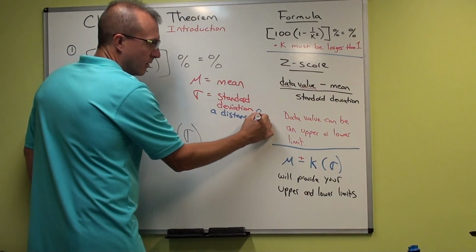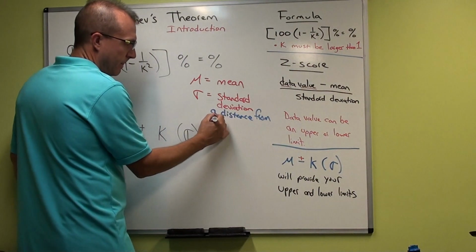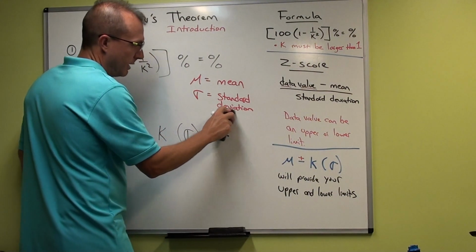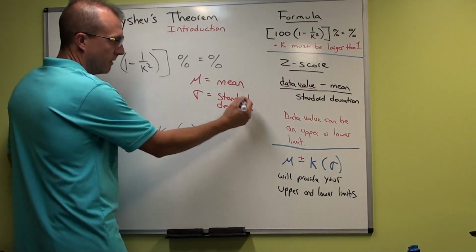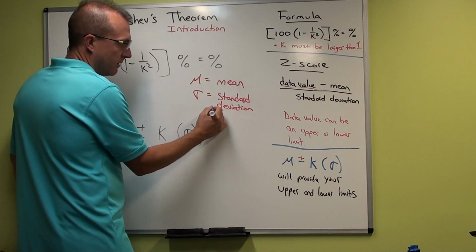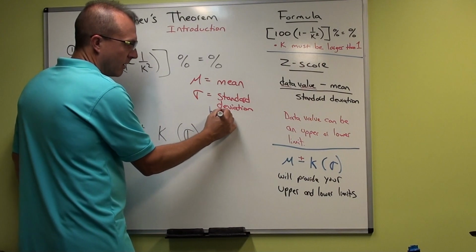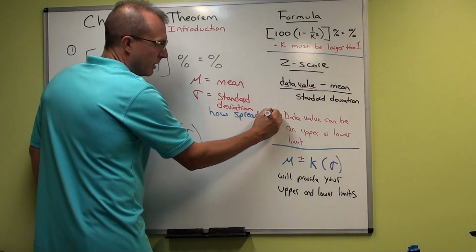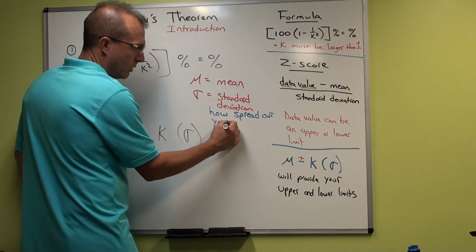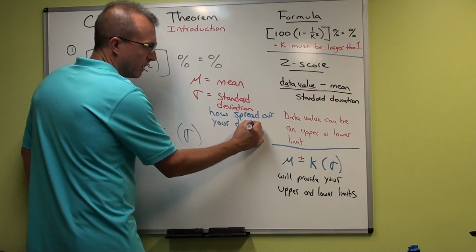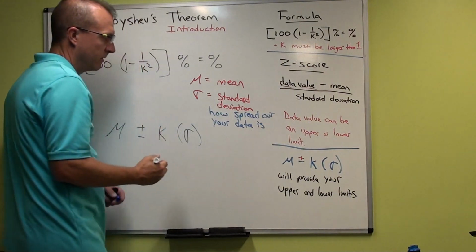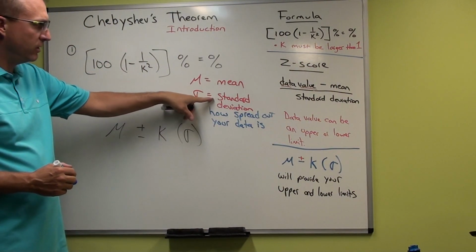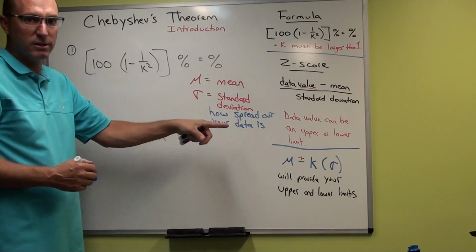The standard deviation is how spread out your data is. So when you see this symbol, that says standard deviation. That's how spread out your data is.